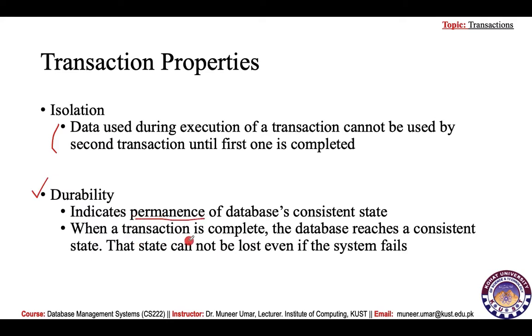When a transaction is completed, the database reaches a consistent state. That state cannot be lost even if the system fails. So once the transaction is executed successfully, the database state will change to another consistent state, and that new state will not be lost.